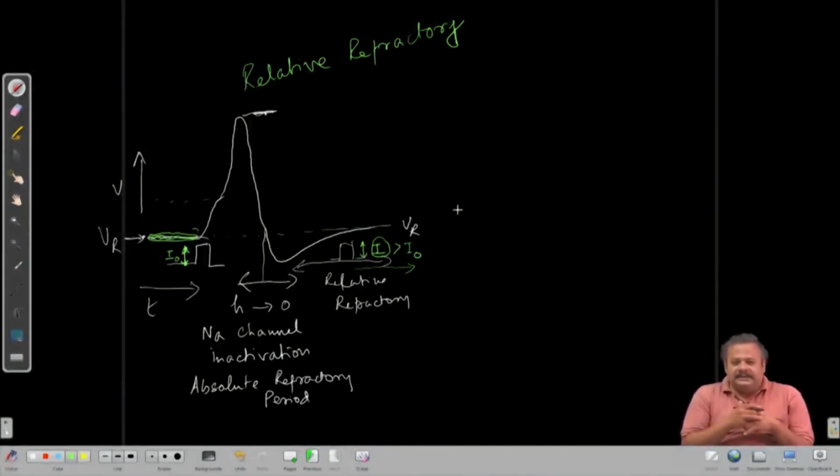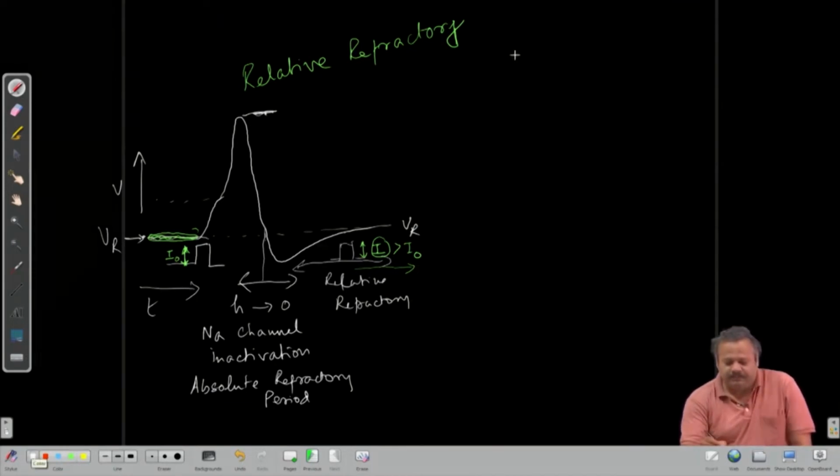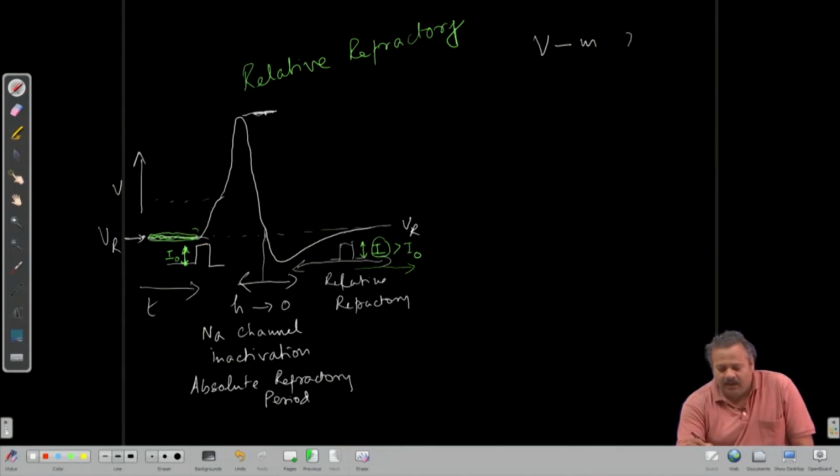And since this has to do with a threshold or a production of an action potential, now with a larger current or a larger change in the membrane potential required to go beyond threshold, we will obviously again consider the Vm reduced system.